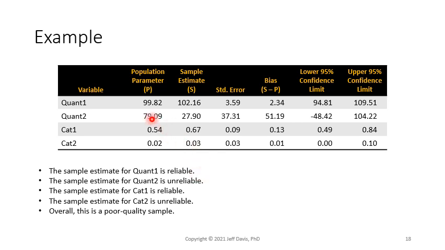Now for quant 2, the population parameter is 79.09. The sample estimate, though, is 27.9, so way off. The standard error is actually larger than the sample estimate. So that's a bad thing. That looks awful.